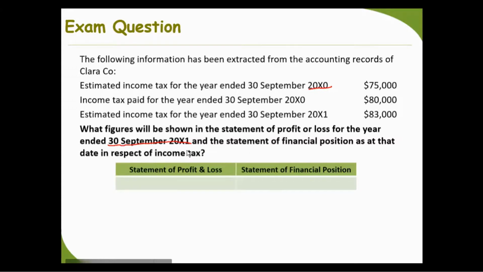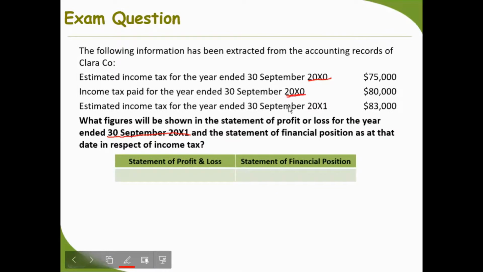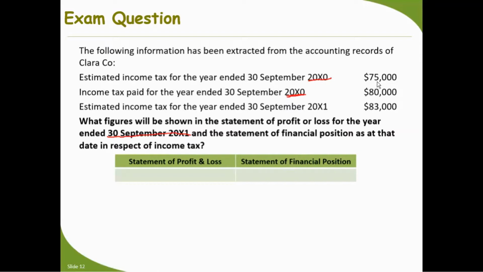The actual income tax is also given to you for previous periods. From there, you will calculate under or over provision. So your estimate was 75,000 and your actual was 80,000. It means there was under provision of how much? 5,000.